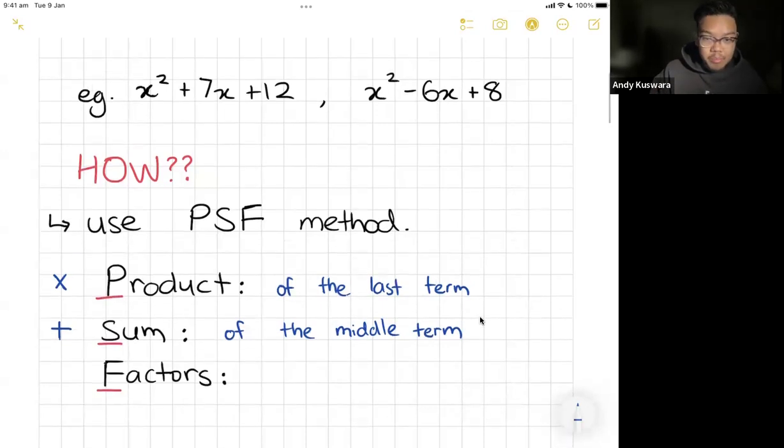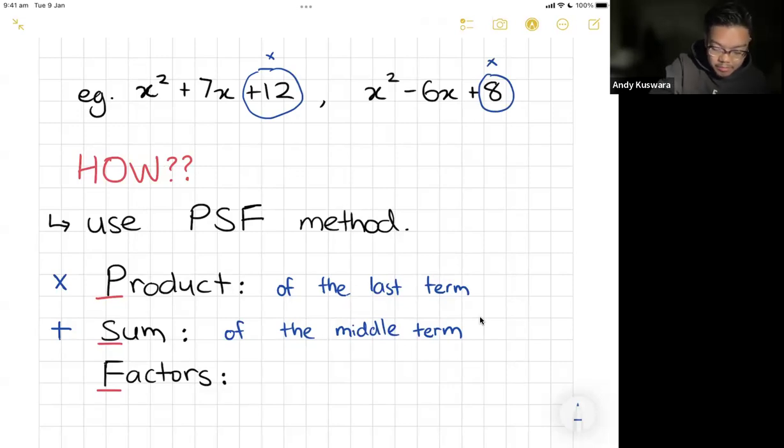But when I say product, it means that I want numbers that will multiply to give me this last number here. Okay, so positive 12, positive 8. But then I want to find something that will sum to give me those two numbers. Now, looks confusing, but I will show you how it works.